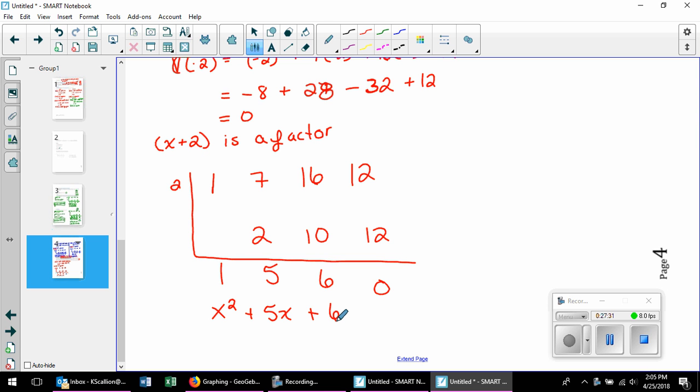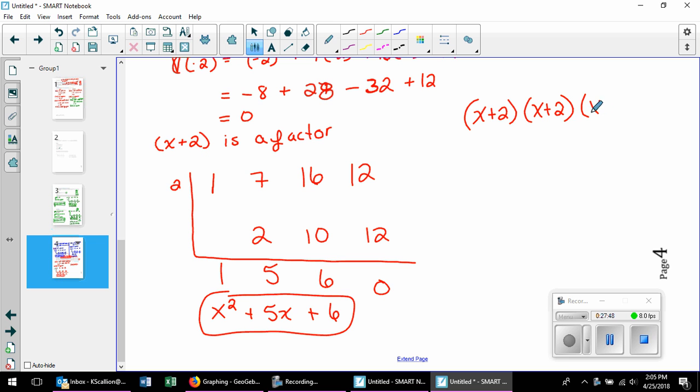Because it's got a degree of 3. So I know what 1 is, and then I have this binomial here. So I've got x plus 2 for my first one, and then when I factor this, it's going to be x plus 2, x plus 3. So those are the possible dimensions.